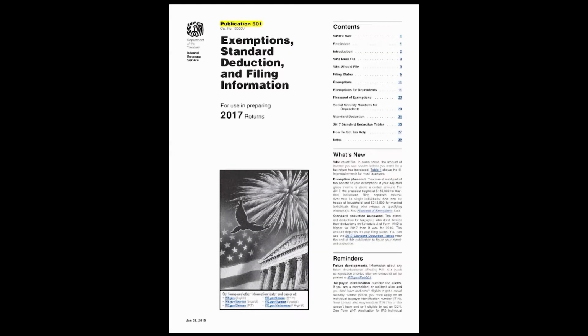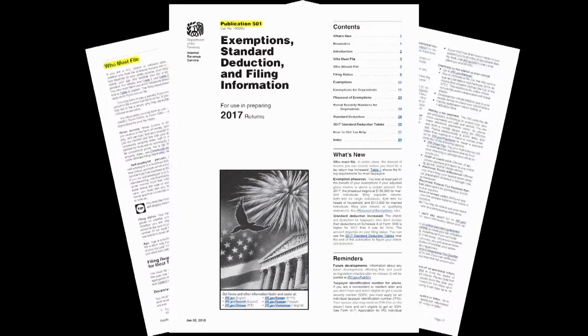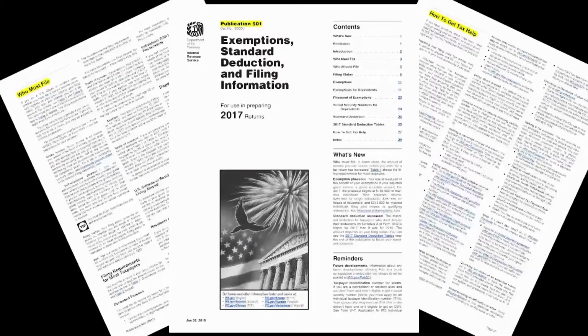Publication 501 should answer basic questions such as who must file a tax return. In general, even if an income tax return is not required, you should still file a tax return if the respondent had income tax withheld from wages, pensions, or you made estimated tax payments so that you can receive a refund for the respondent if applicable.